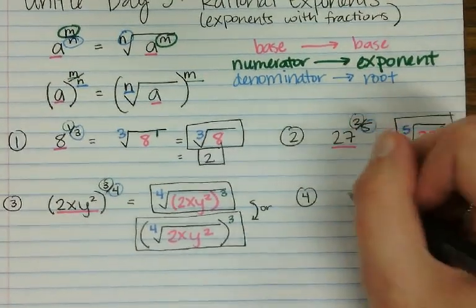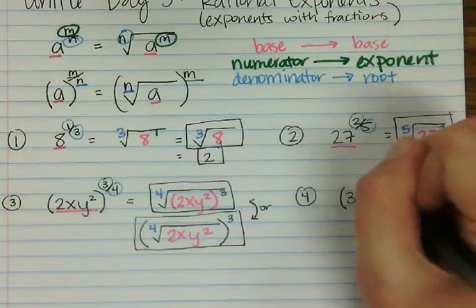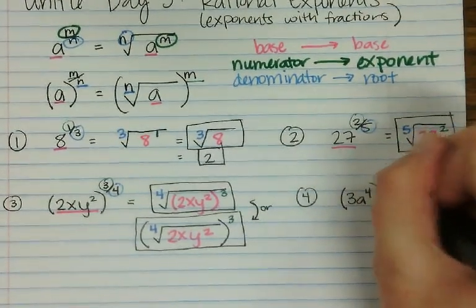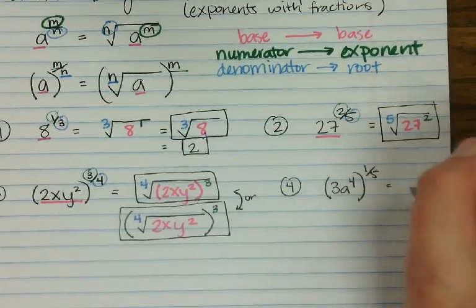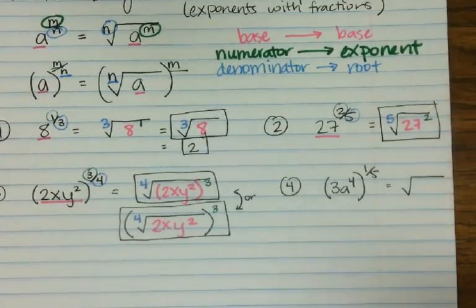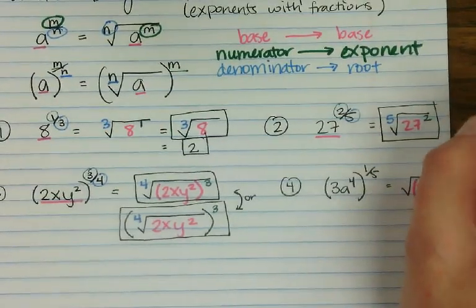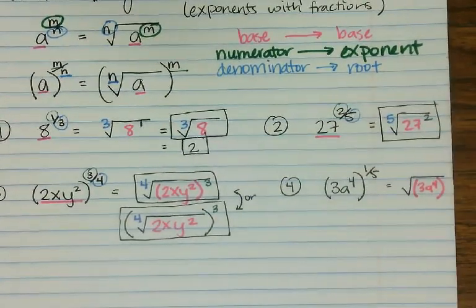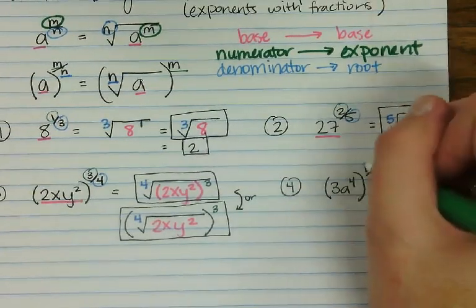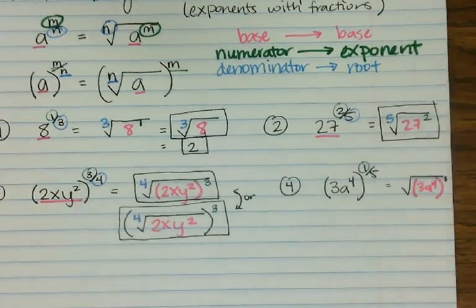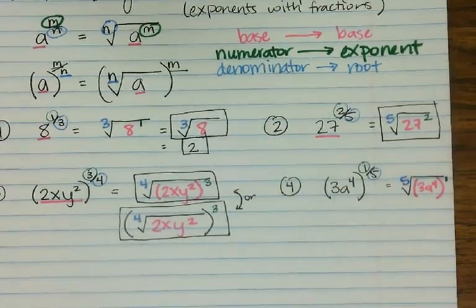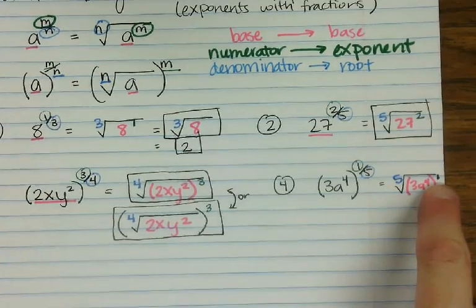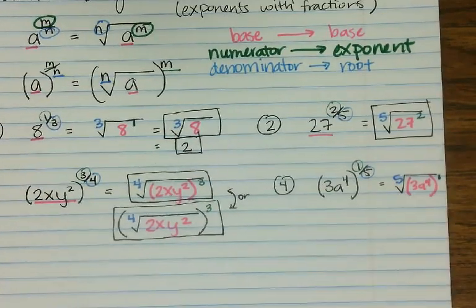Now I'm going to show you guys one more. Let's say something like 3a to the 4th, to the 1/5. If we're doing it to the 1/5, we would rewrite it with our little radical. I'm going to put my parentheses, 3a to the 4th, right there, because that is my base. My numerator is the 1, and my root is the 5. But if something is raised to the first power, do we really need to write the first power?